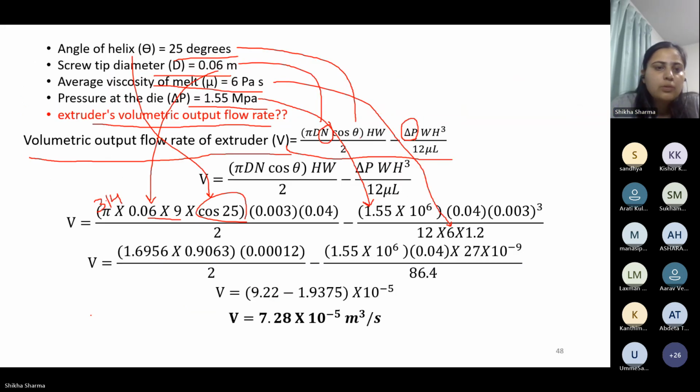So we will solve this. 3.14 into 0.06 into 9 gives 1.6956, this value, and then cos 25 is 0.9063.